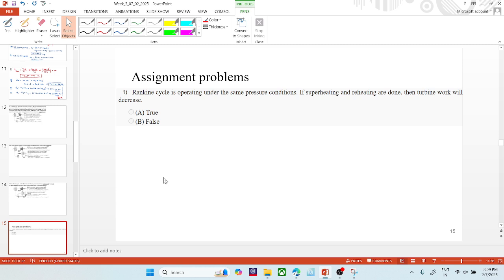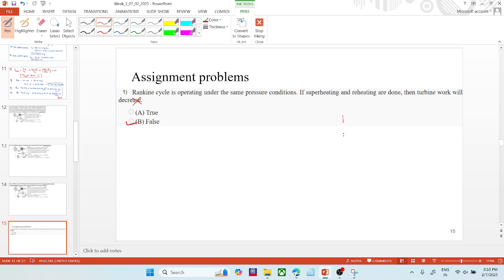Okay, so the first problem says that the Rankine cycle is operating under the same pressure conditions. If superheating and reheating are done, then turbine work will be decreased. Okay, it is not correct. So this statement is false.